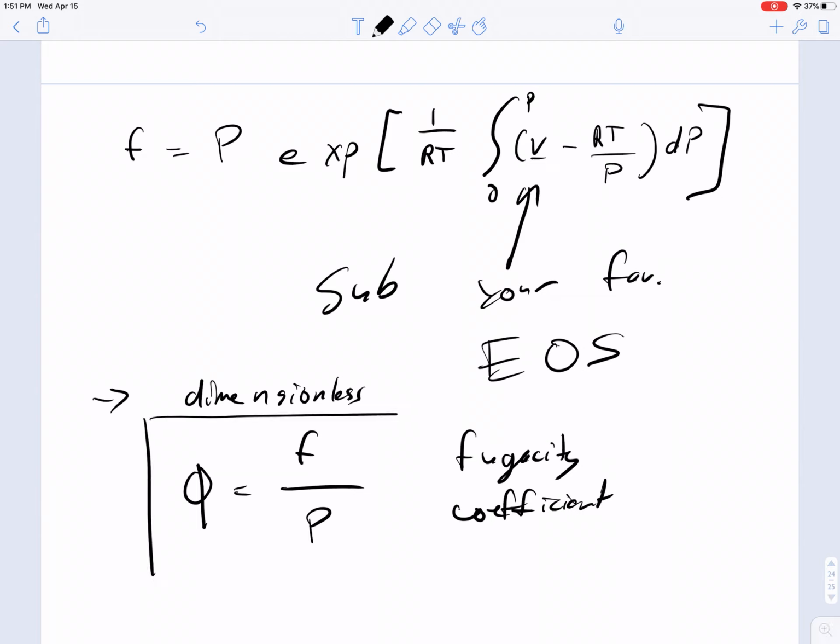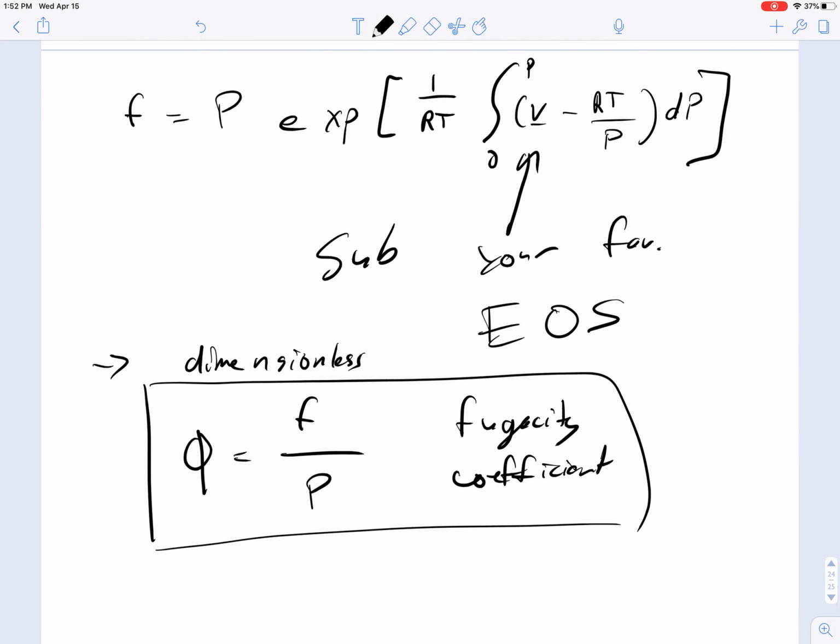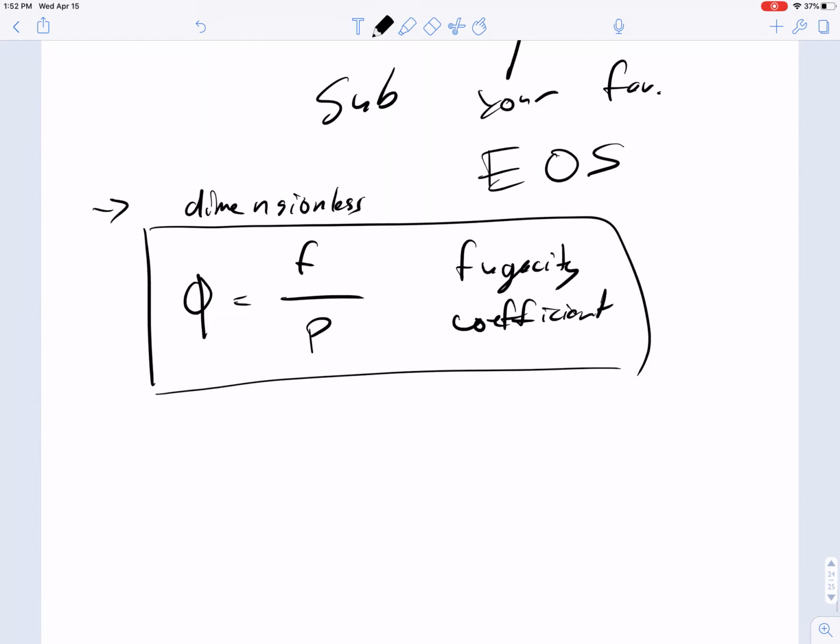This is a dimensionless quantity, and if your fugacity is higher than your pressure, the fugacity coefficient is going to be greater than 1, and if it's lower, it's going to be less than 1.